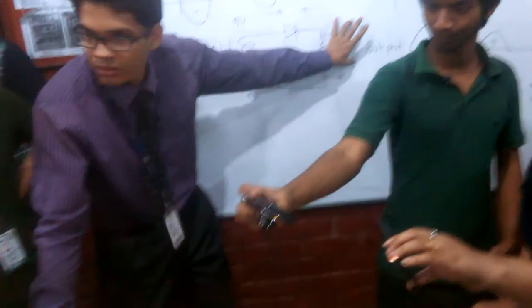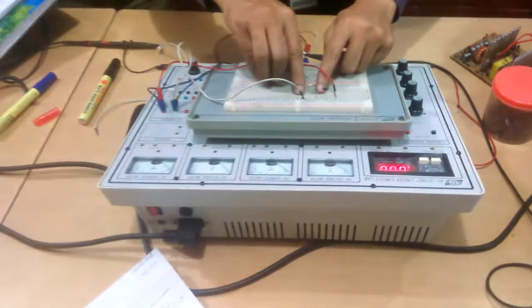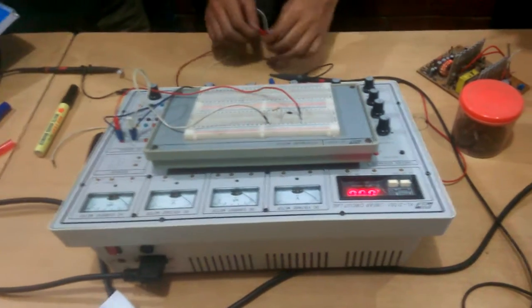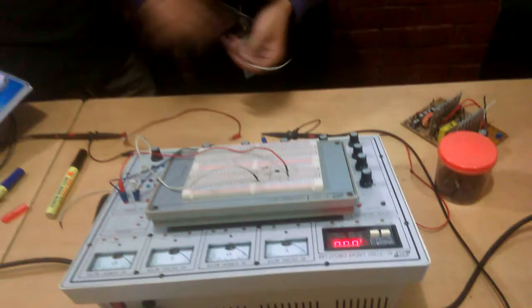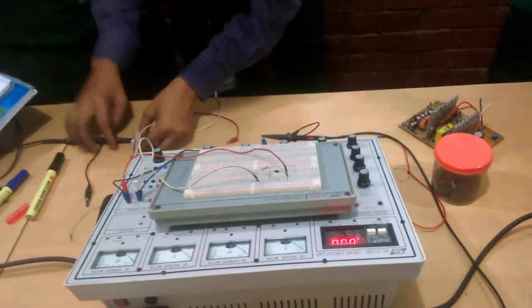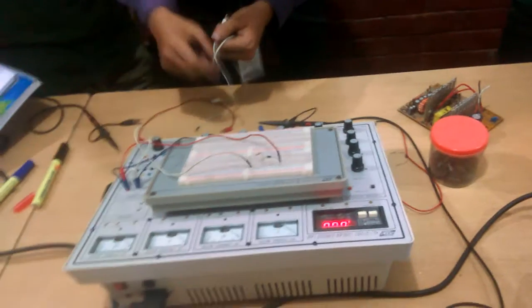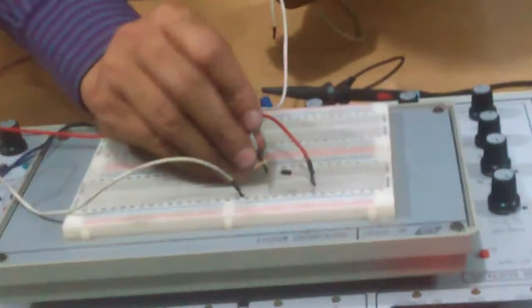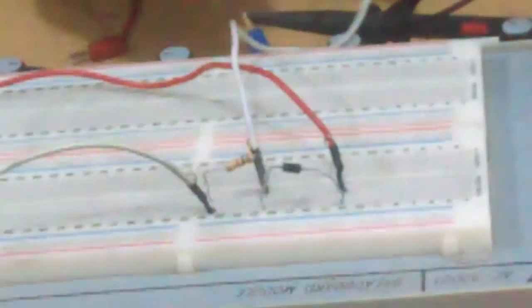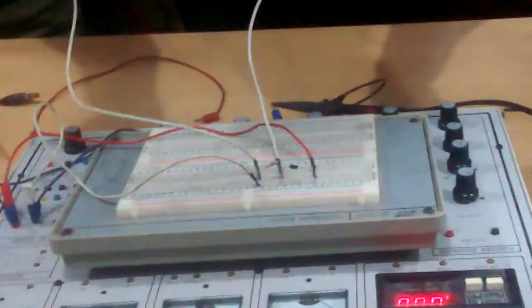So where from will we take the output? From the 2 terminals of the resistor. One is this one, another is this one. So from this portion we will take output.